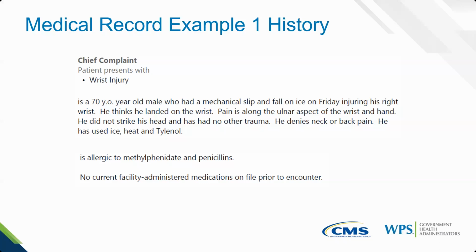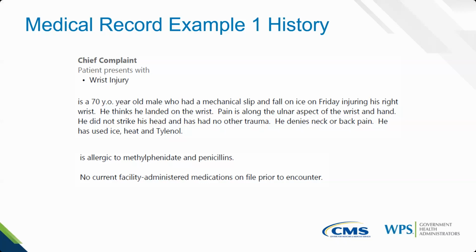We've identified some allergies, and there are no facility administration medications on file prior to this encounter. So obviously he is experiencing pain. That's why he has come into the ER. He has tried the conservative therapy. The fall did not happen on the date of service. It tells us here that it happened on Friday. I think from the actual date of service, that would have been maybe 2 or 3 days prior to the actual ER encounter.